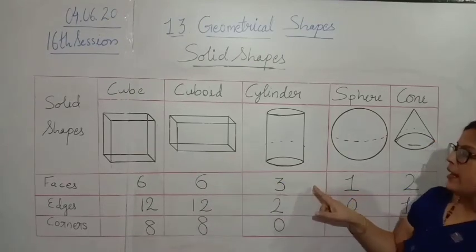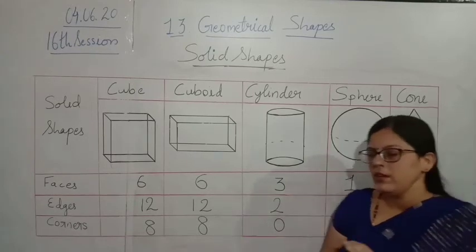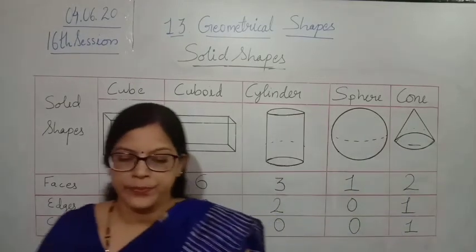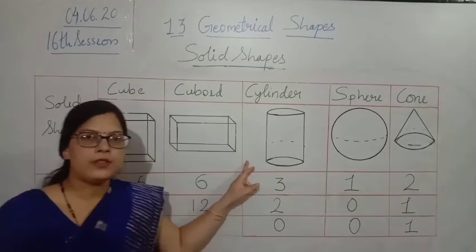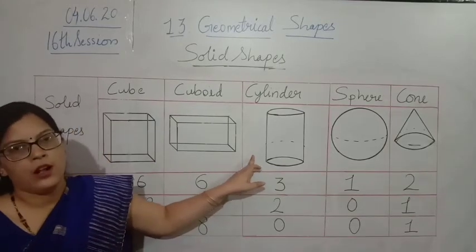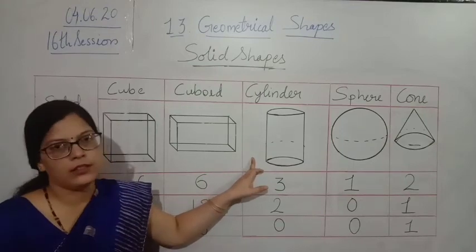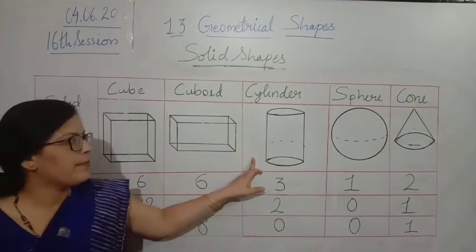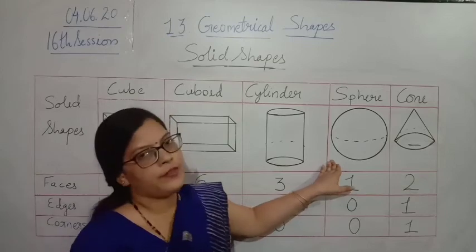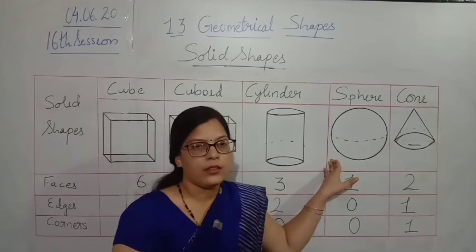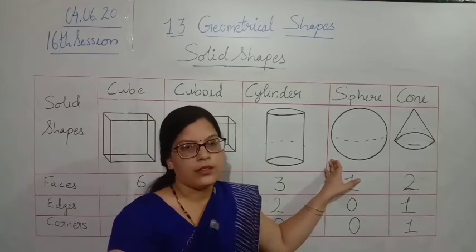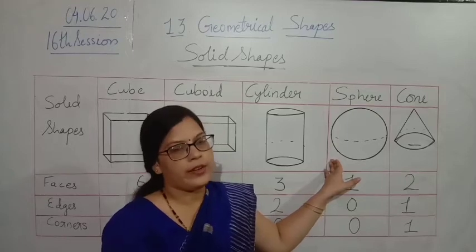Then cylinder. Examples of cylinder are, I have shown you, battery cells, or any can, gas cylinder, bottle. And example of sphere: ball, globe, or fruits like orange.